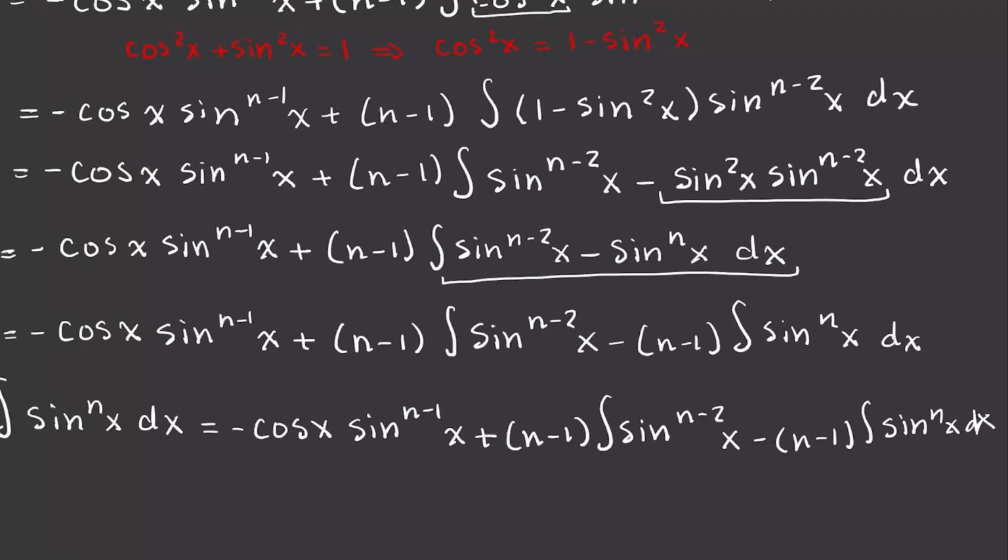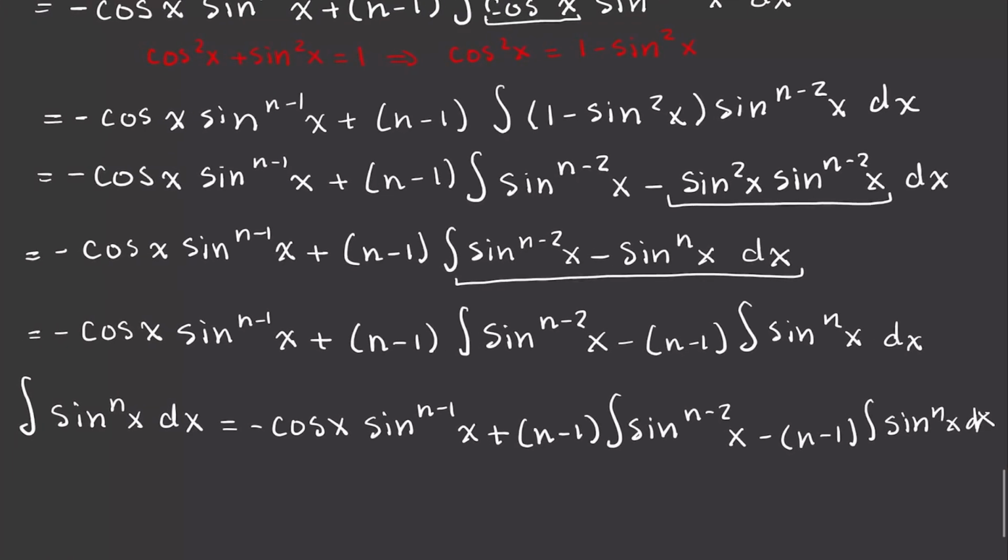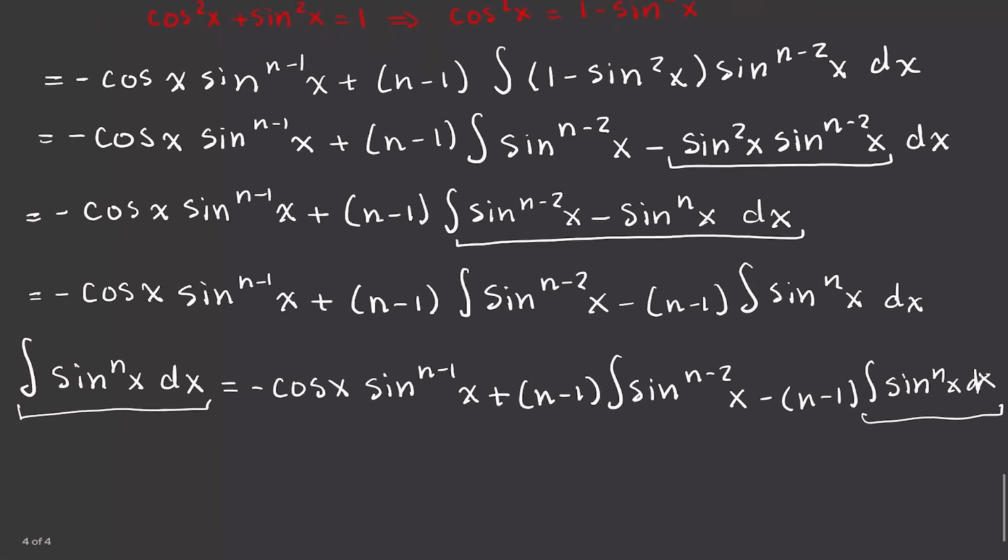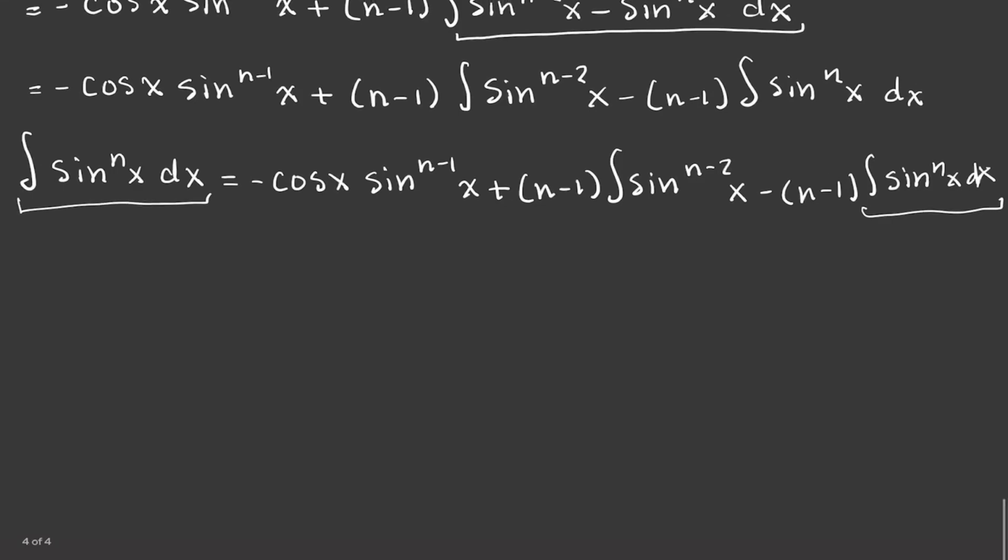Now right here, notice that this integral is the same as this integral. So I can move that integral to the other side of the equation. Since this is being subtracted, I can just add n minus 1 integral of sine n of x dx to the other side.